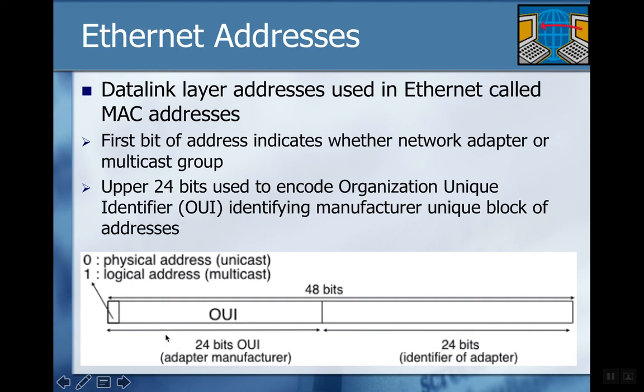So every manufacturer is assigned a 24-bit prefix, which makes up the first half of the address, and then the second half is the identifier. So you'll see, for example, HP or Cisco or Palo Alto or whoever else. Every one of these will have a different OUI. So when you look at a MAC address, you can figure out what type of equipment it is just from looking at the address.